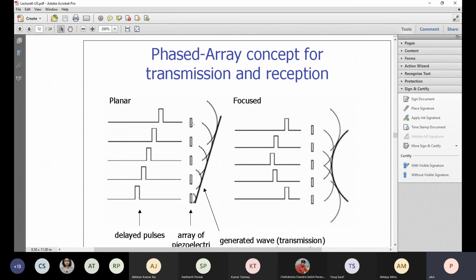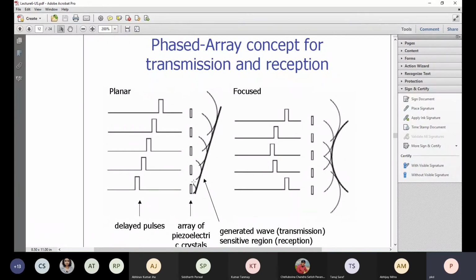So for both receiving and transmitting, if we introduce the delay, basically we will be addressing energy corresponding to a certain direction. Say while transmitting, if we excite this array of piezoelectric transducers in a linear delay pattern, then what will happen? The beam front will be deviated because of the delay.